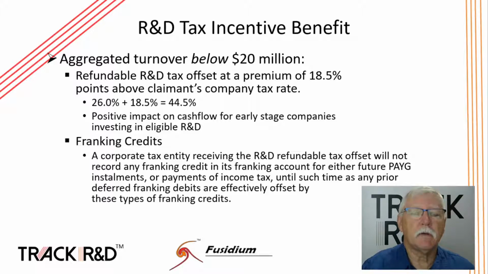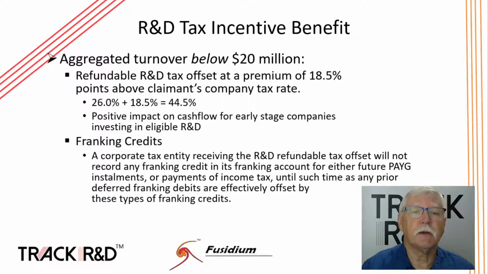The level of the R&D tax incentive is set at 18.5% above the claimant's company's tax rate. Thus, if your company tax rate is 26%, the value of the tax offset is 44.5%.